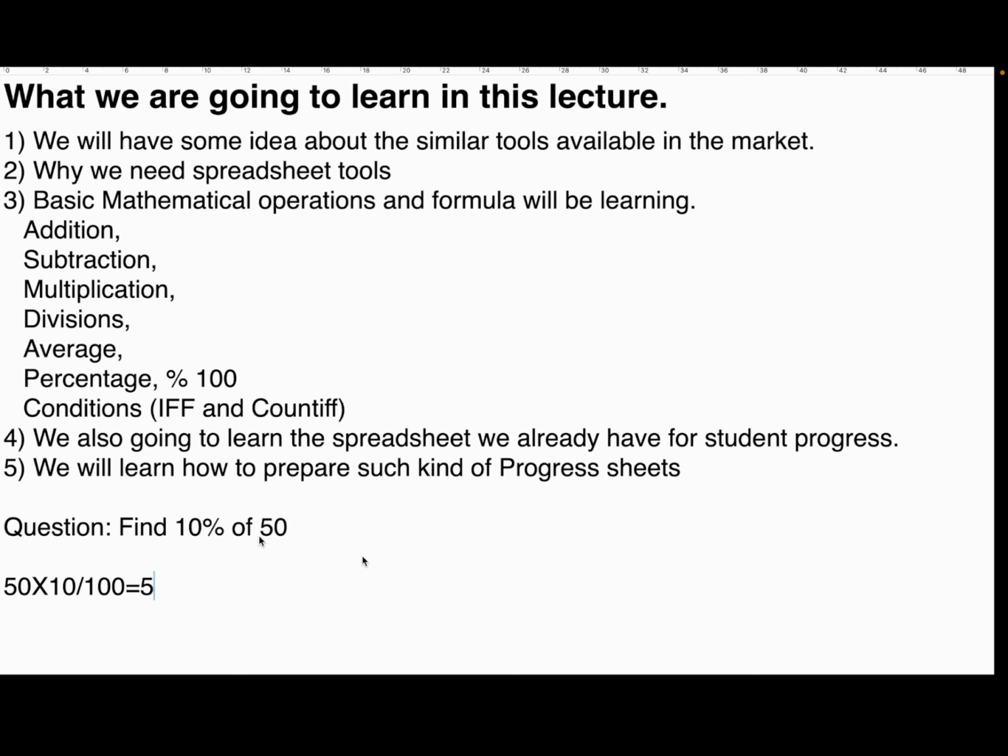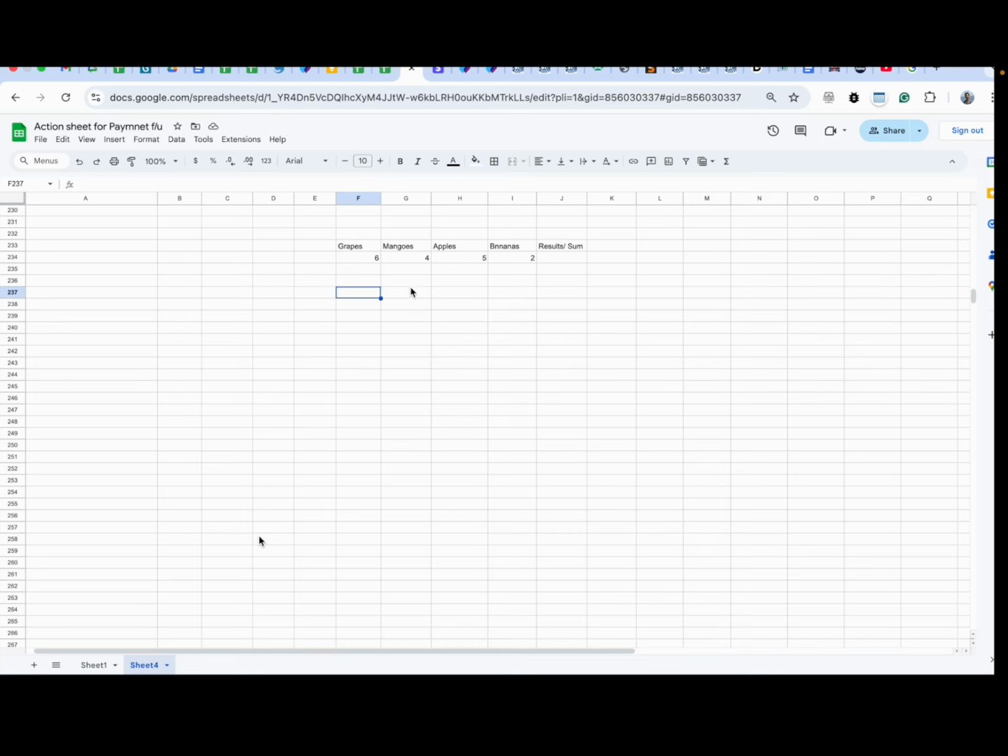So in a similar way we are going to use it in our Excel sheet. Suppose we have the same example I'm just taking here. This is 50 and this is 10, and this is how we are going to use the formula.